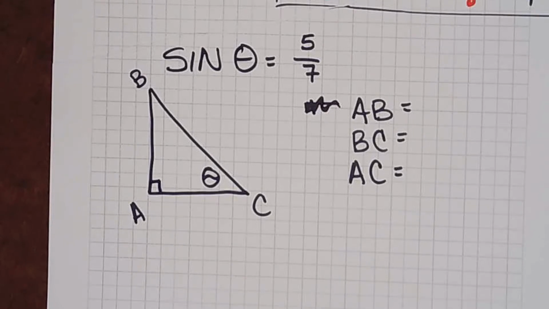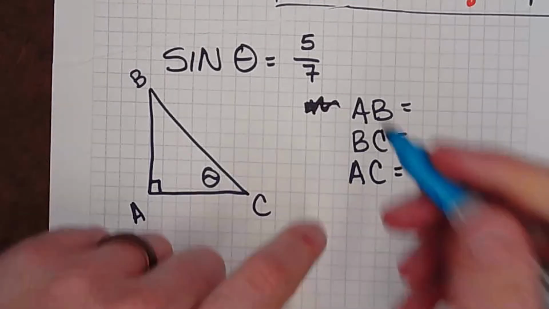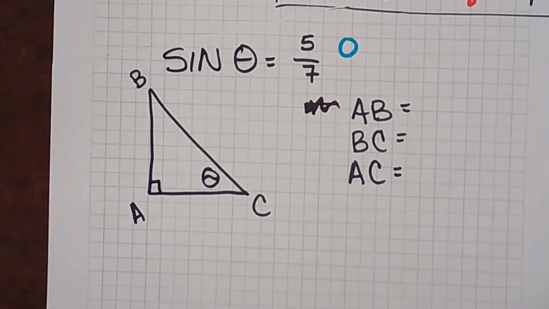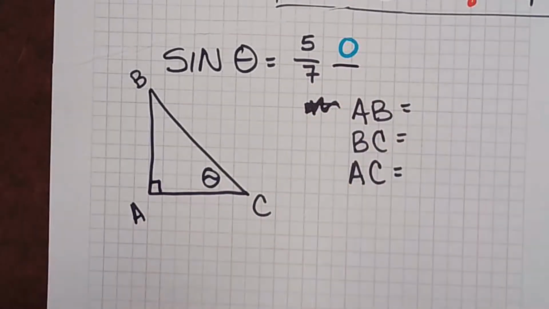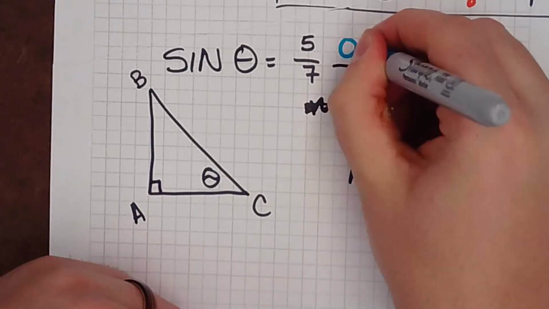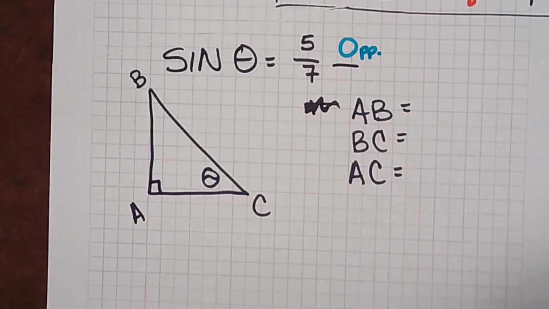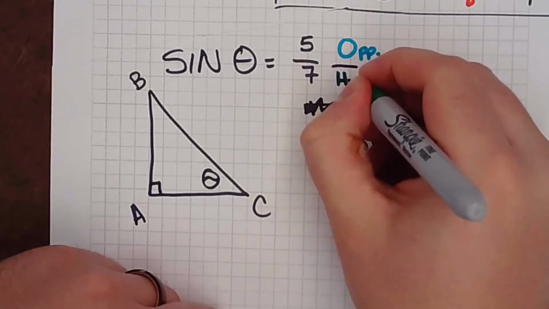We know sine theta. Sine is always opposite over hypotenuse. And I usually like doing OPP so it doesn't look like a zero, and then hyp.